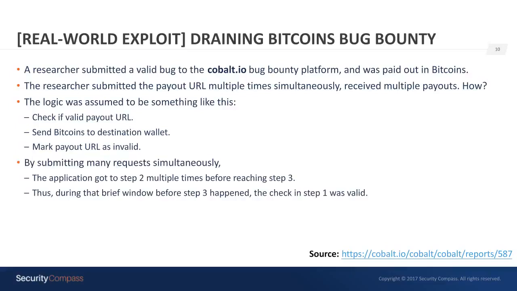But what the researcher ended up accomplishing is that by submitting way too many requests simultaneously, all of them for payout, the researcher had the application go to step 2, which means send the Bitcoins to the destination wallet multiple times, even before the application could reach step 3, which means even before the application could say, oh, hold on, I've already paid this guy, I should not be paying him anymore. The researcher just exploited that very small window before step 3 happened, and at that point, the check in step 1 was still valid.